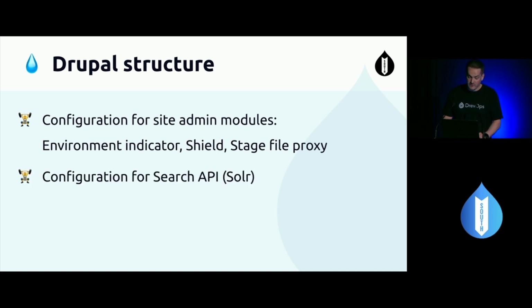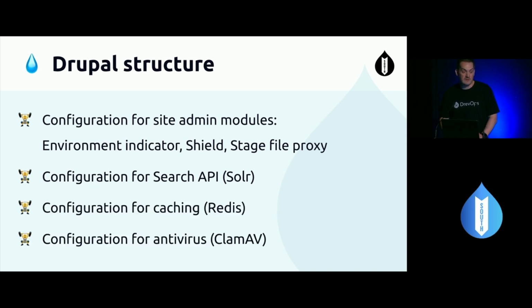There is also configuration for Search API Solr. I haven't mentioned it yet, but there is Solr packaged with the Docker Compose, just to allow you to start if you want Solr. If you don't want it, you don't need to use it. But if you want Solr, there's already configuration available for that, so you can just start and use it.